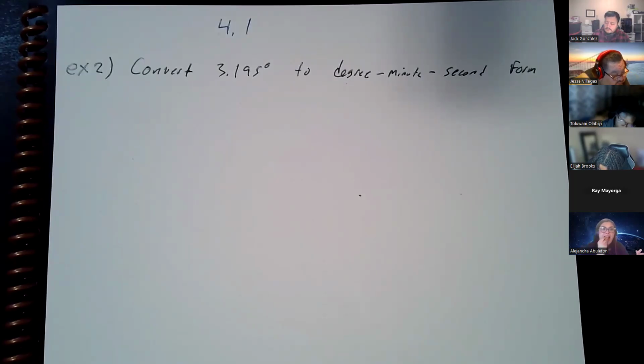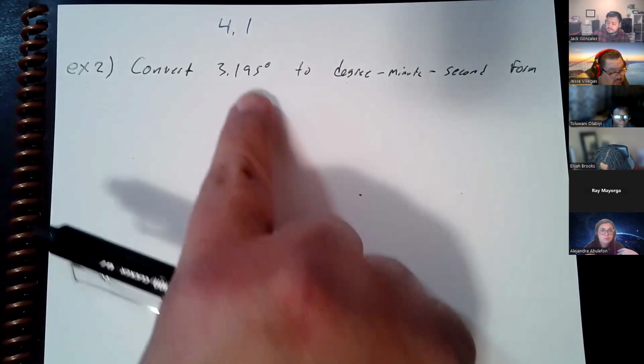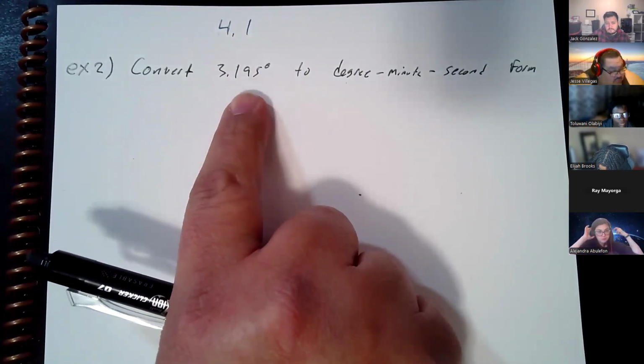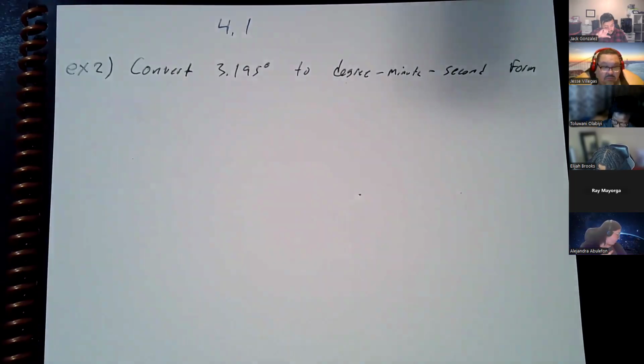Basically, you're going to leave that whole number part alone, the three, because that one's already good. You're going to change the decimal. The decimal part is the minutes and seconds. So just ignore this part. Think of this as a three plus some decimal.